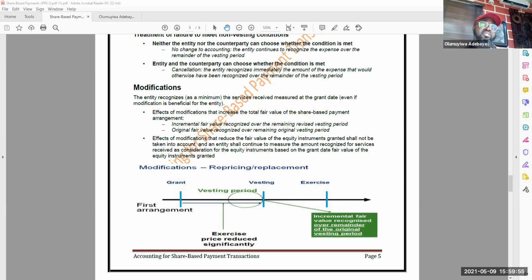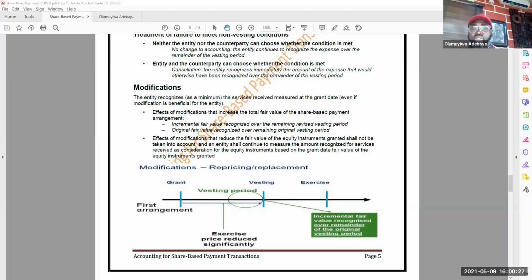This is based on the fact that market factors might affect your share price, so that it might have grown higher or reduced lower, or the ability of the company to meet those future payments or future delivery of shares might be affected. On that premise, it is better for the company to modify that scheme.